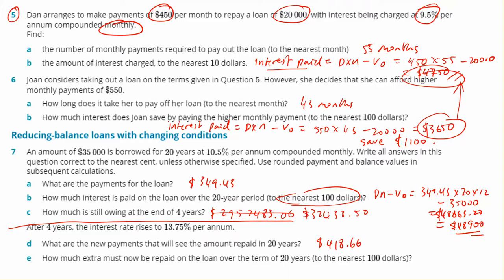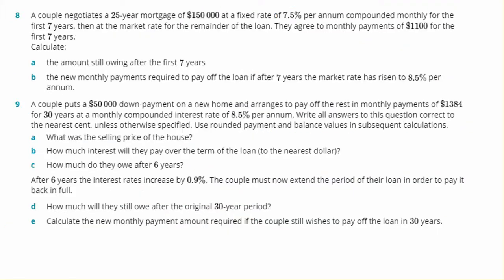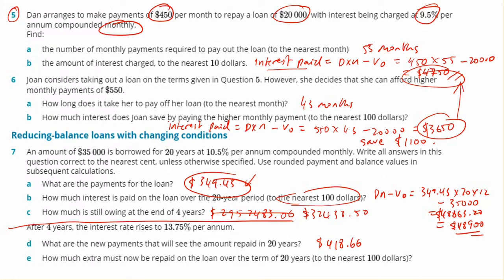Now, for the first 4 years, the payment is going to be the same, 349.43. However, the payments only change after the 4-year period.